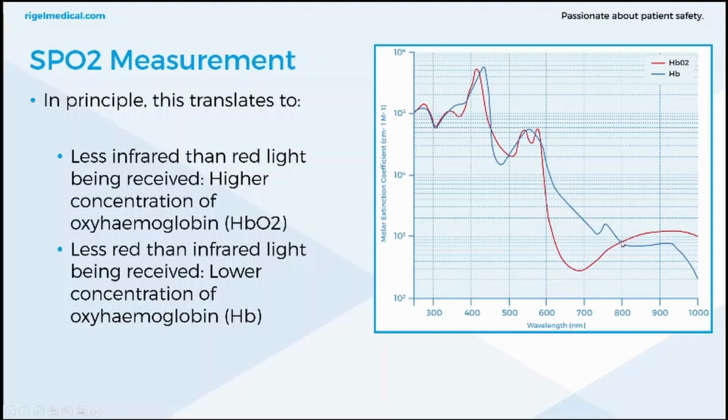This point here is known as an isosbestic point, so there's a point at where the absorption is the same. So if you had an LED at 800 nanometers, it's not going to give you very good data for oxygenated and deoxygenated blood. It's this variation in absorption between the two different wavelengths that gives you some data.